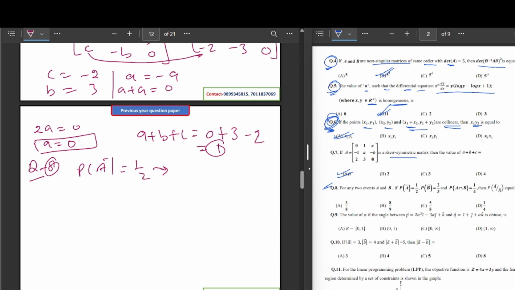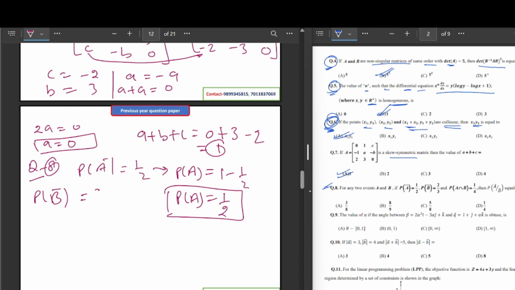We have to find from here probability of A is equal to 1 minus 1 over 2, so it will become 1 over 2. Same as it, probability of not B is given as 2 by 3, so probability of B is equal to 1 minus 2 by 3. So it will become 1 by 3.